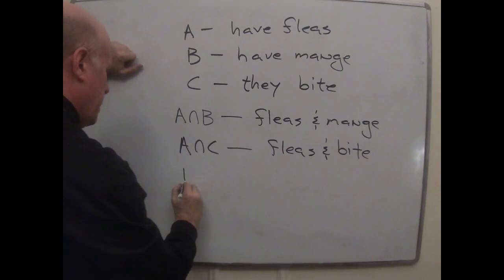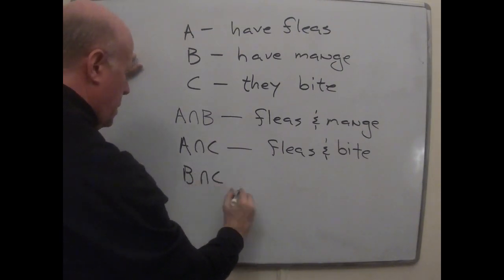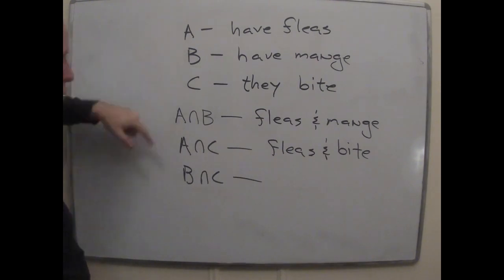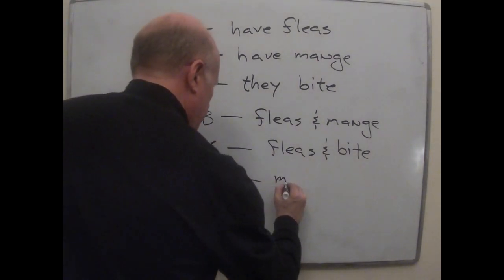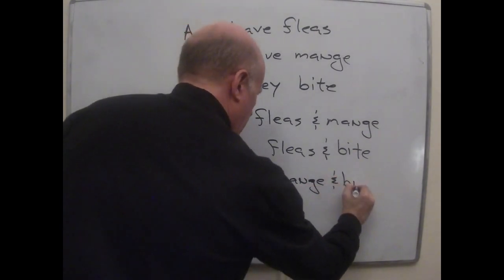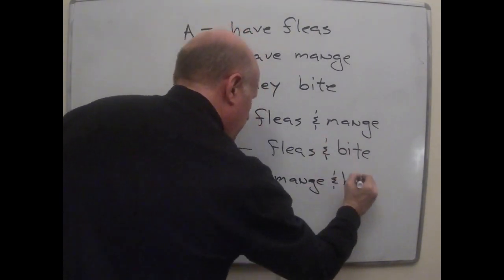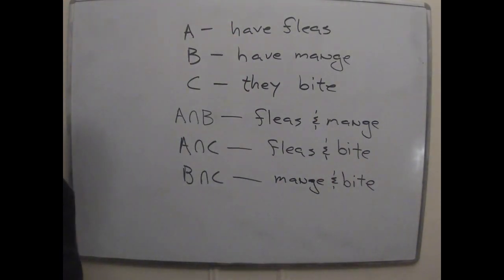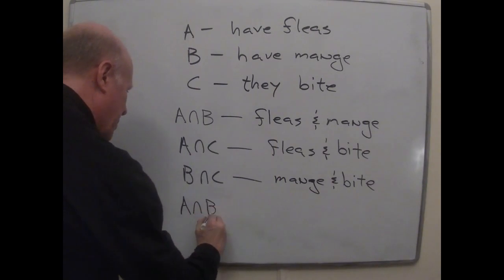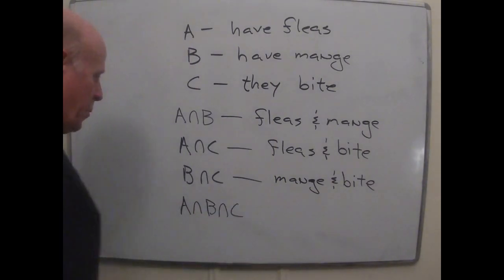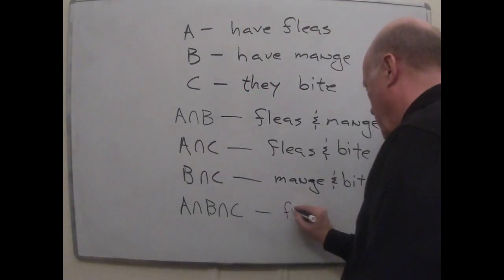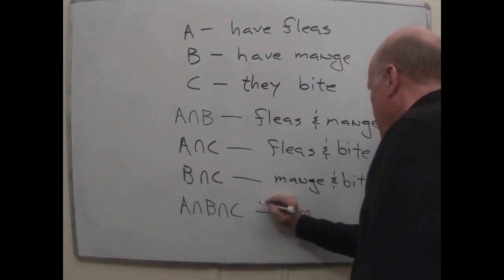And finally, B intersect C. These are animals that have mange and also bite. And finally, we could have dogs in bad condition that have all three issues. Mange, bite, and fleas. Can I just say all three?